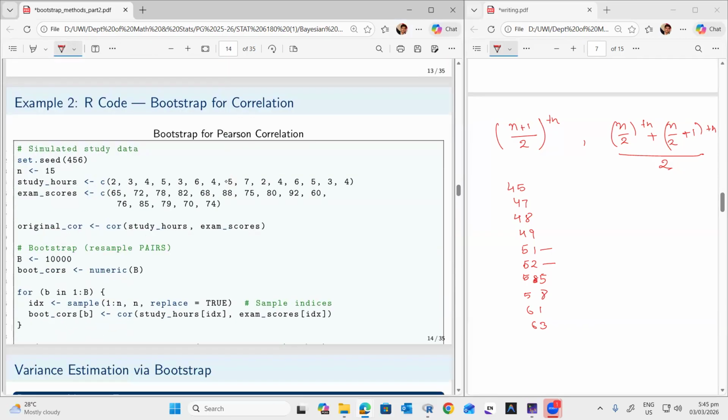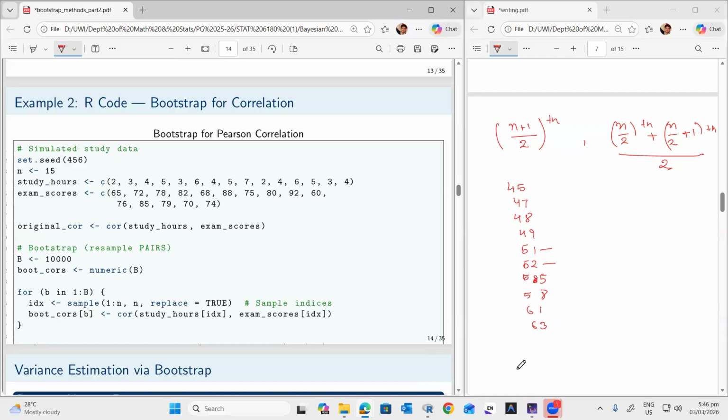Means when you generate study hours 2, the exam score 65 should be there. It should not happen that study hours 2 gets a 78 or 82 exam score. If you resample them separately, it will impact your final results.